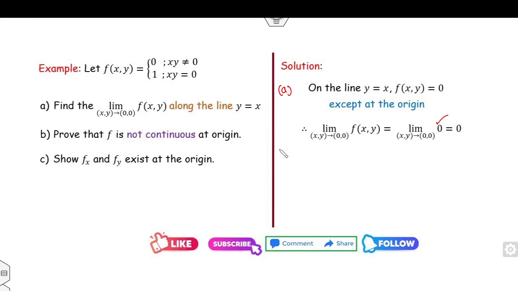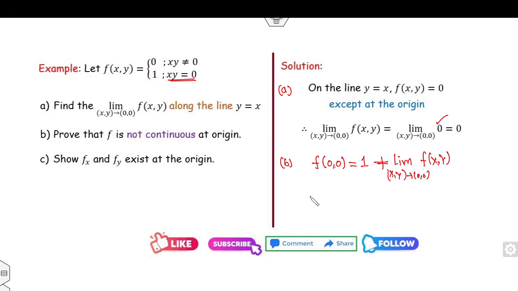Fine. Now, second point: is f continuous? What is the value of f(0, 0)? f(0, 0) is 1, but you can see this is not equal to the limit of f(x, y) as (x, y) approaches (0, 0).